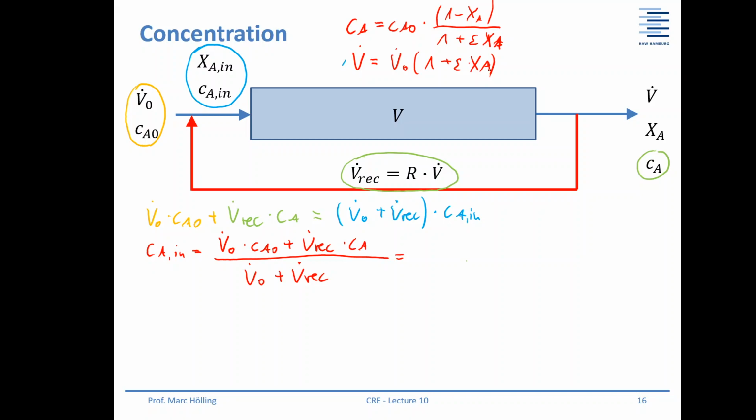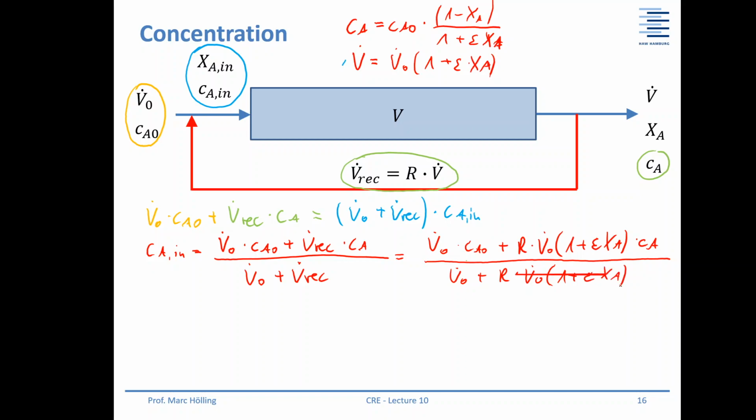Okay, and this we can use here. We can rewrite it: V dot 0 times Ca0 plus R times V dot 0 times 1 plus epsilon Xa times Ca, and you have to repeat it for the denominator. So V dot 0 plus R times V dot 0 times 1 plus epsilon Xa.